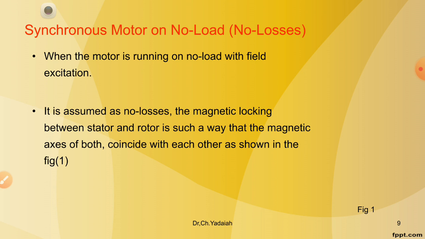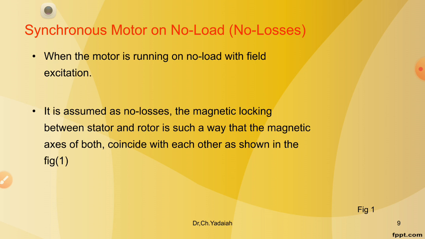Now let us assume an ideal condition, a very good condition, where there are no losses. When the motor is running on no load with field excitation, it is assumed there are no losses. That means no friction and windage losses, no iron losses, no copper losses.